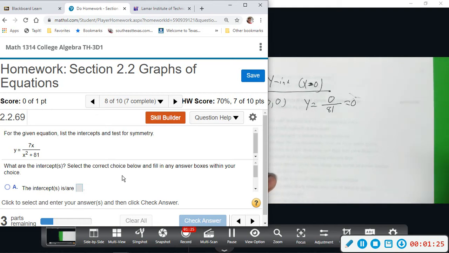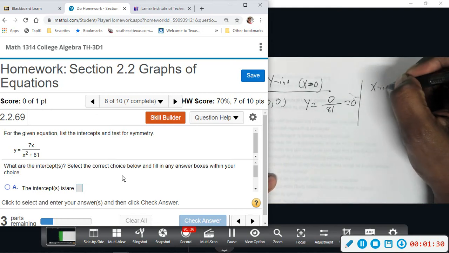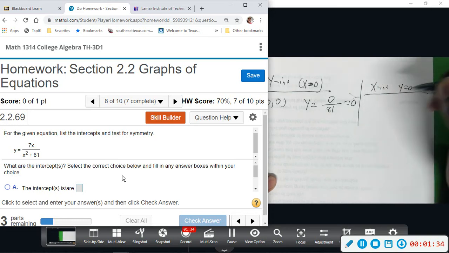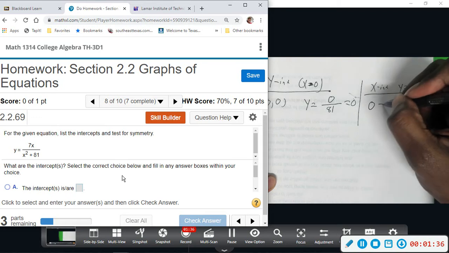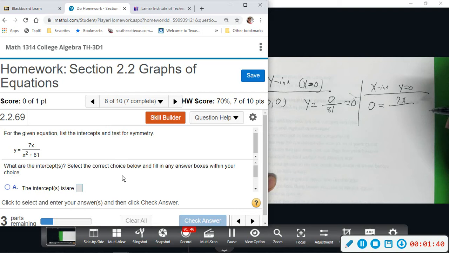Now our x-intercept. This time y is 0. So we have 0 equals 7x divided by x squared plus 81.